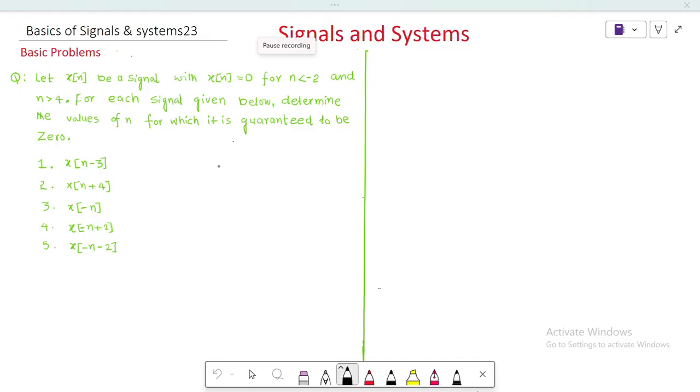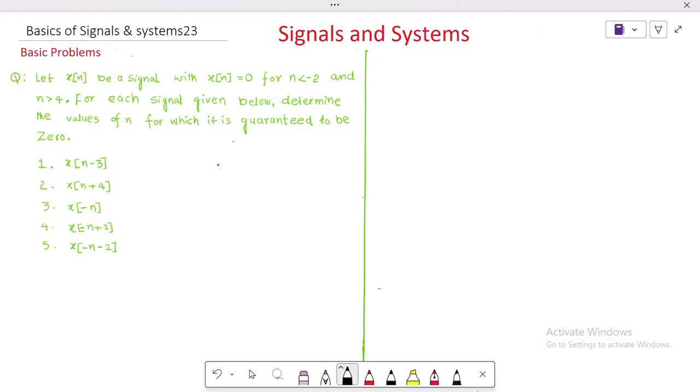The fourth property is stability. If a bounded input produces a bounded output signal, that is, if it follows BIBO, it is said to be a stable system. Then linear system: to follow linearity it should follow the scaling and additivity properties, then it is said to be a linear system.